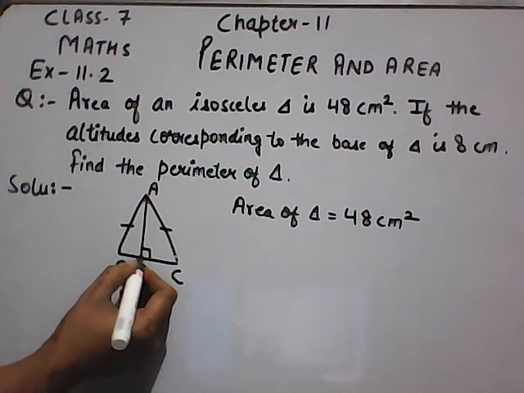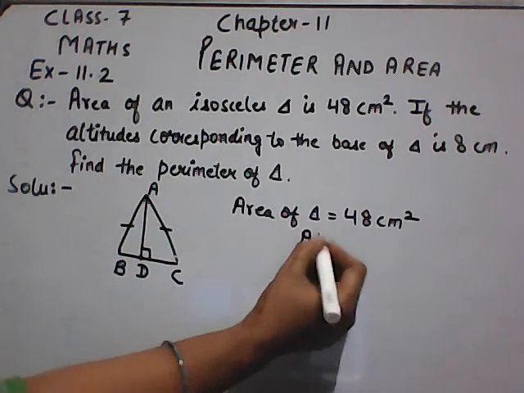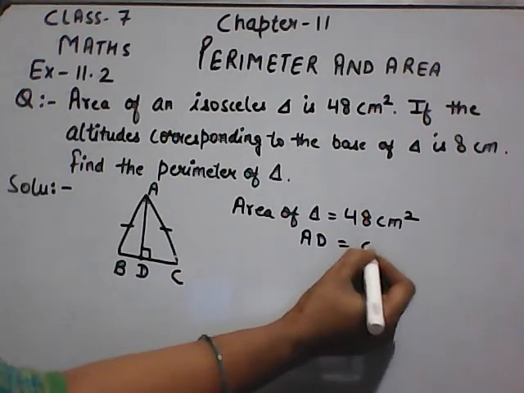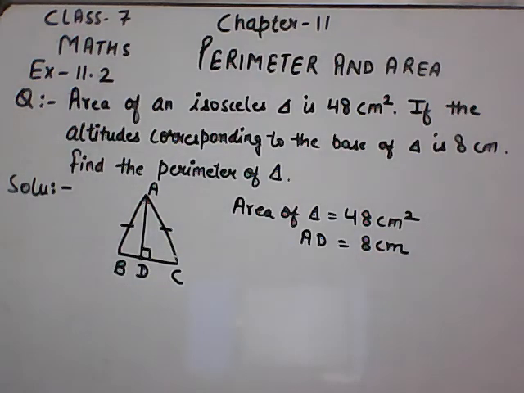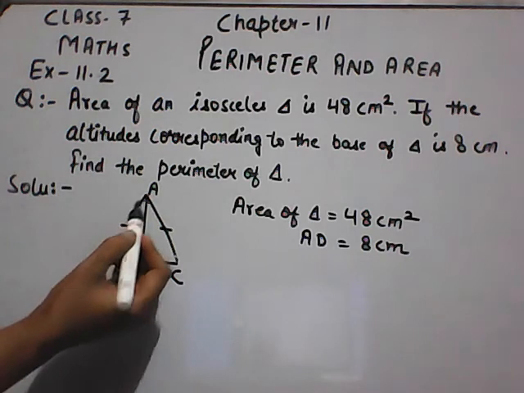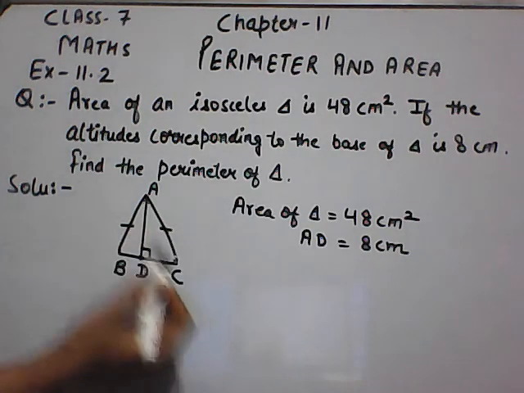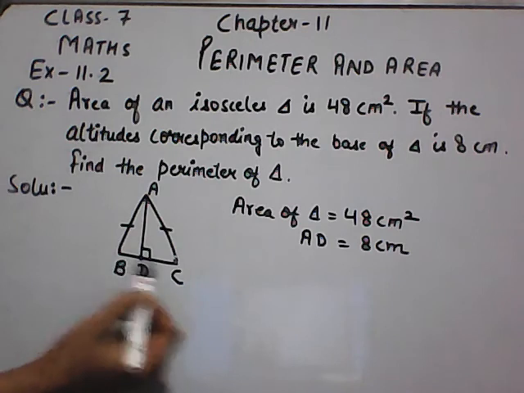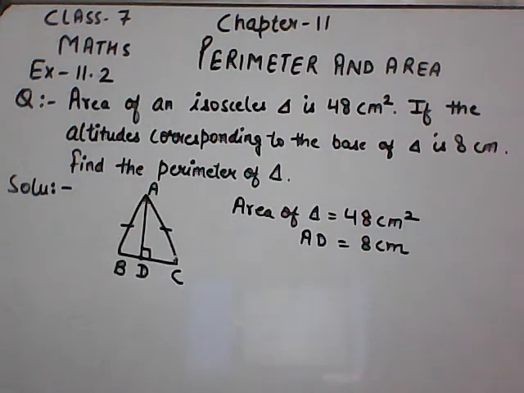That means AD is the altitude and the length of the altitude is given to you 8 centimeter. Now you have to find out the perimeter of the triangle. Perimeter means sum of all sides of this figure. That means AB plus BC plus CA is the perimeter of triangle ABC.